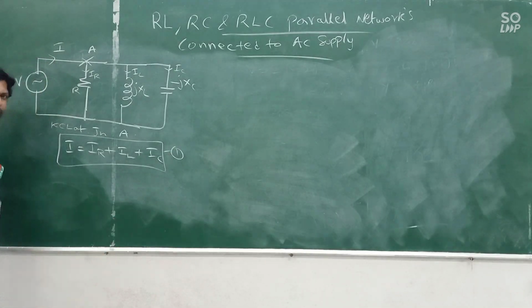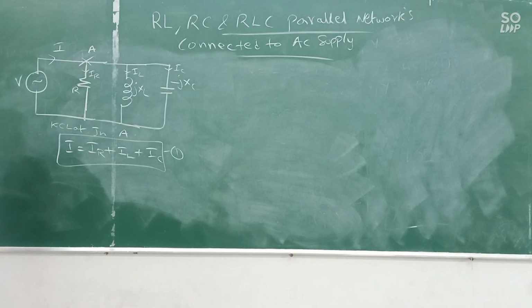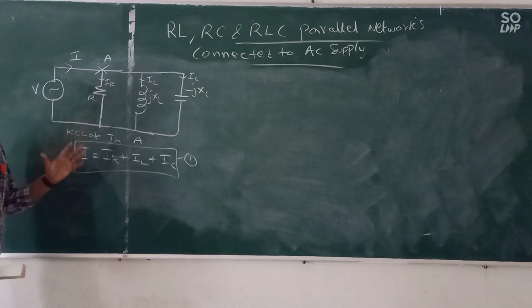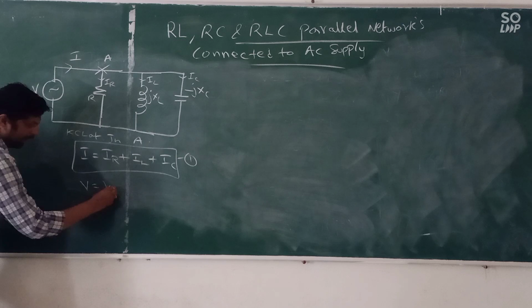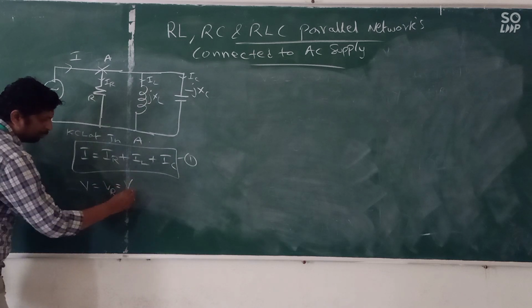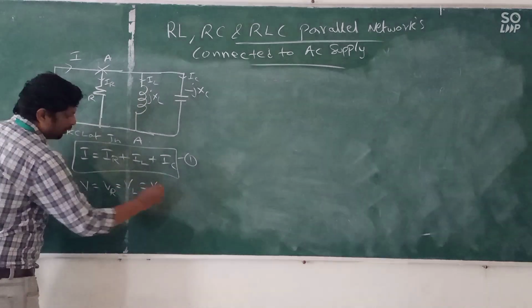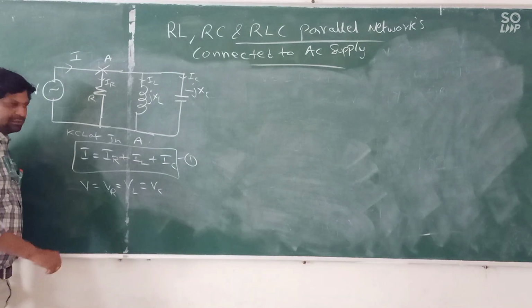In parallel branches, voltages are the same. The second one: in parallel branches voltages are equal. So V is equal to VR, which is equal to VL, which is equal to VC.